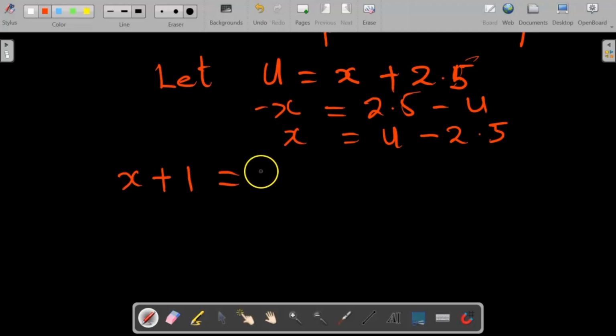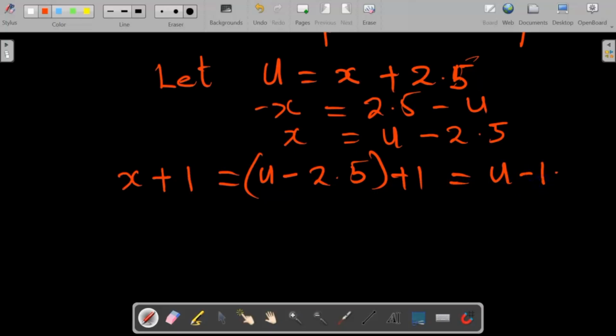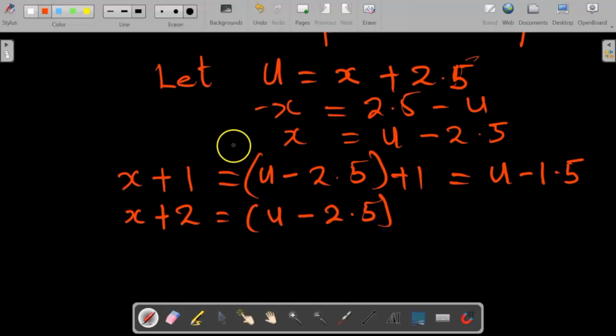So x plus 1 is u minus 2.5 plus 1, which gives us u minus 1.5. Let's take the next one, x plus 2. We have u minus 2.5 plus 2, so we have u minus 0.5.